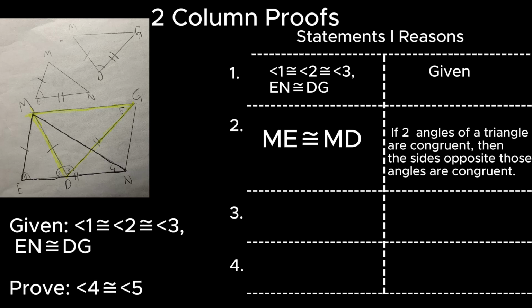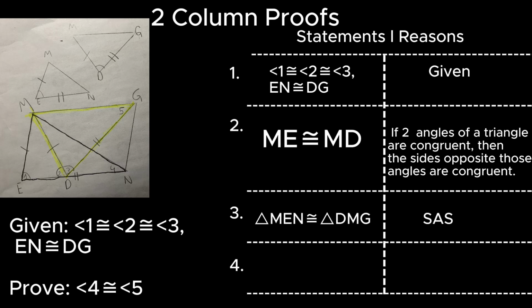So we already have one side, ME is congruent to MD, and we have an angle because angle 1 is congruent to angle 3. And we have this other side, EN is congruent to DG. And you see how, once again, we have side, angle, side, SAS.